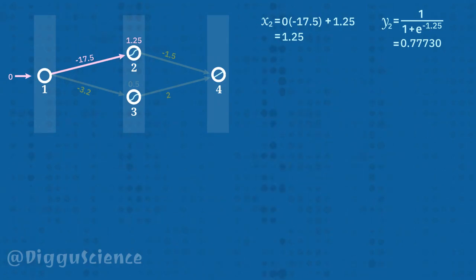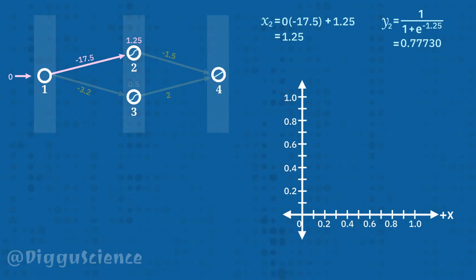To make visualization easier, we can plot these values into two-dimensional Cartesian coordinates. The horizontal axis is the input value at node 1, the vertical axis is the output value from node 2. These are the coordinates of the first point, 0, 0.77730.